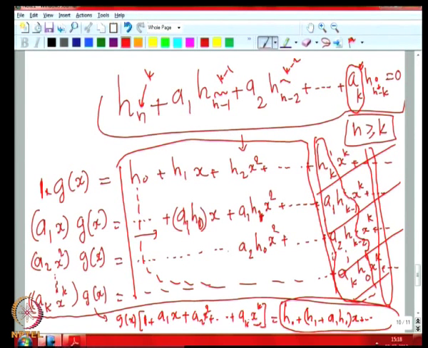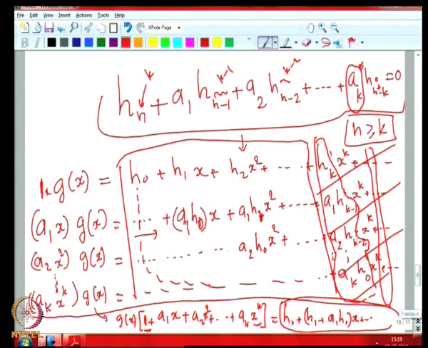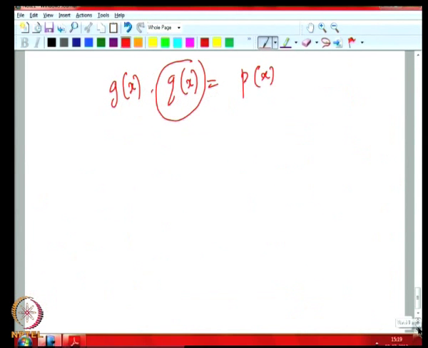Therefore, this is a kth degree polynomial, and the first constant term is 1, that is the property of this q of x. And this p of x is just h0 plus this thing summed, but only up to x raised to k minus 1. The degree of p of x will be strictly less than k. We are not saying k minus 1, it will be strictly less than k. So, g of x will be equal to p of x by q of x.